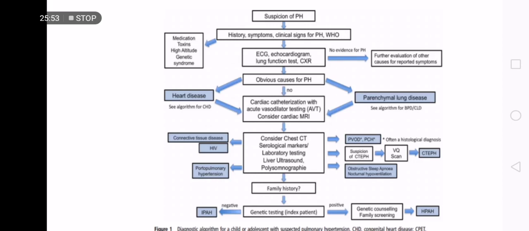In each patient with suspicion of pulmonary hypertension, we need a proper history, symptoms, clinical signs, and classification according to the WHO classification, ECG, echocardiogram, lung functions, and chest x-ray. We have to ask about medications, toxins, high altitude, and genetic syndromes.